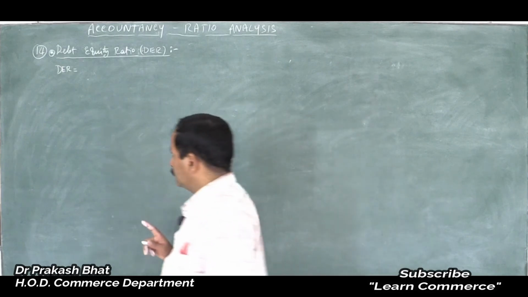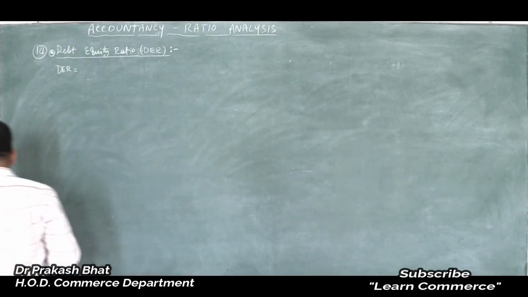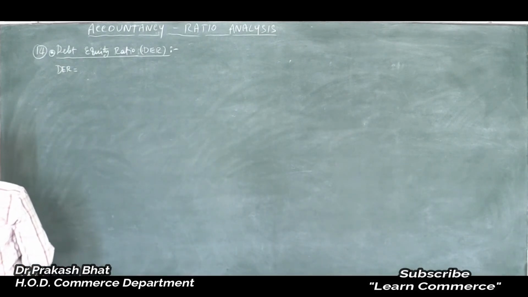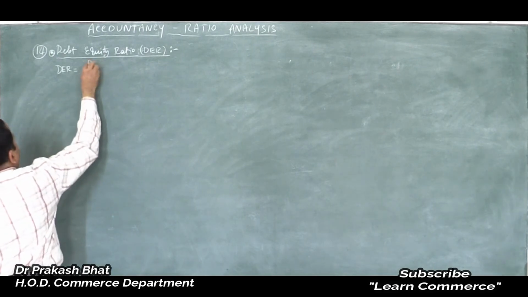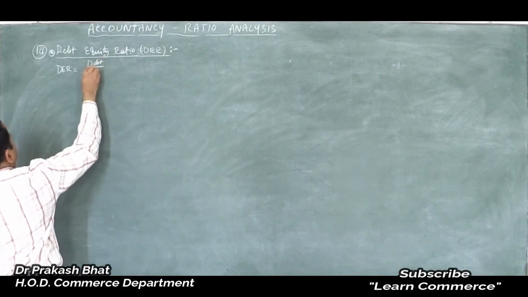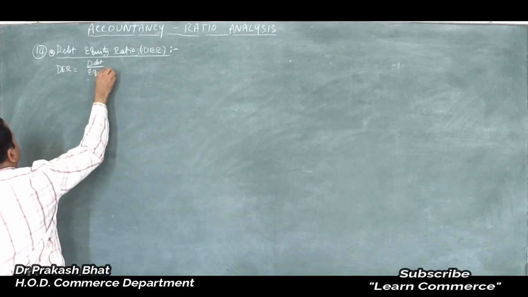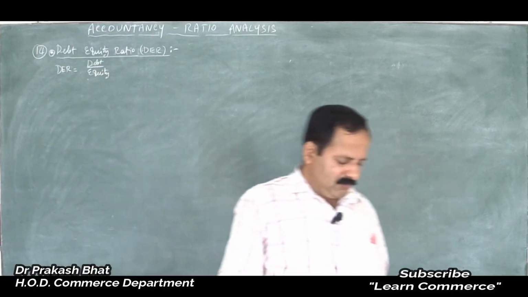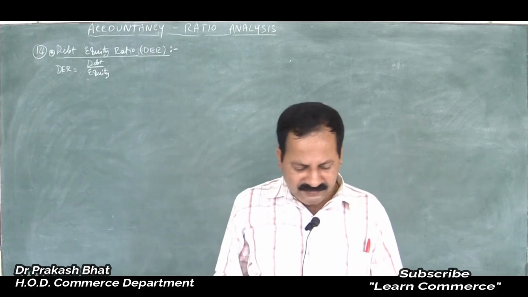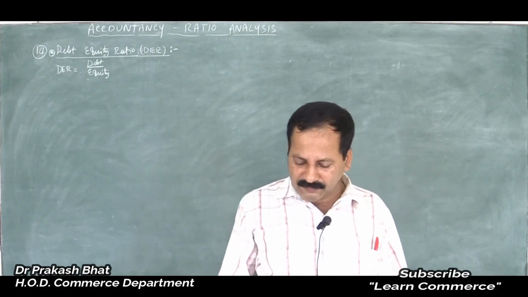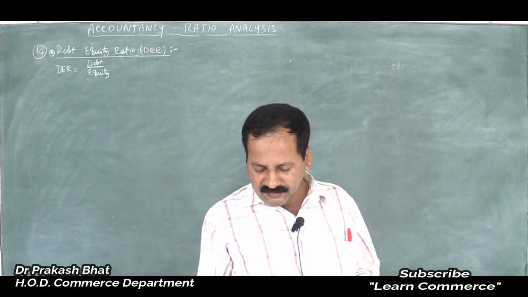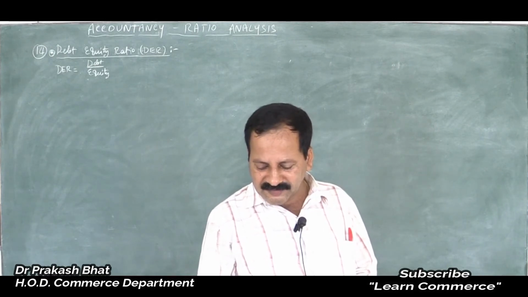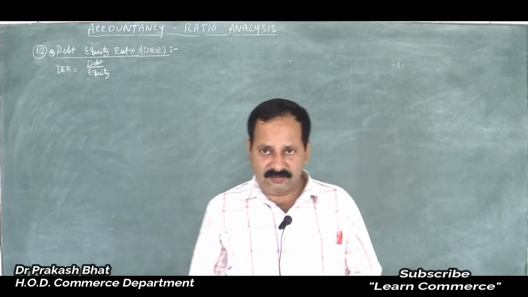Debt equity ratio is equal to debt divided by equity, right? You know what is debt. I have already given this part to you. Debt is 13% debentures only, 3 lakh, isn't it?